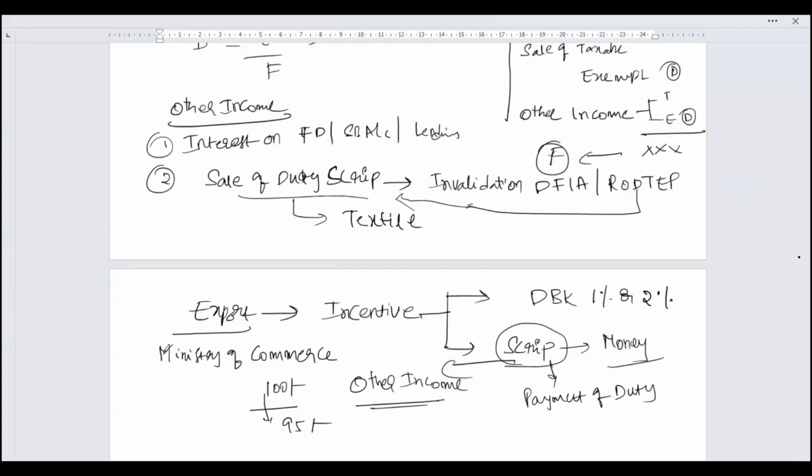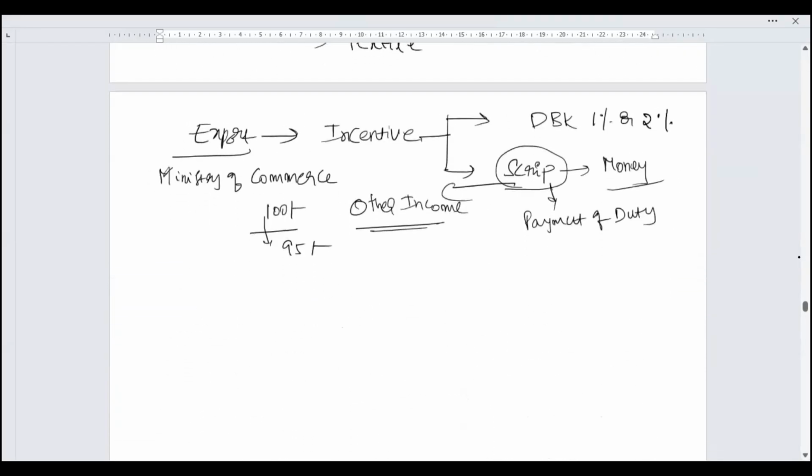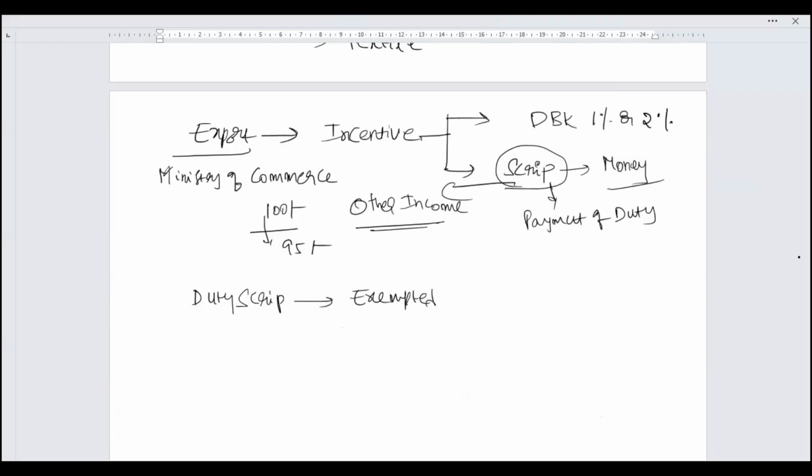If I use it for my business, I call that as income. If I sell to someone else, I call that as other income. So now the rate of GST on this duty script is exempted goods, or I would say exempted under GST.